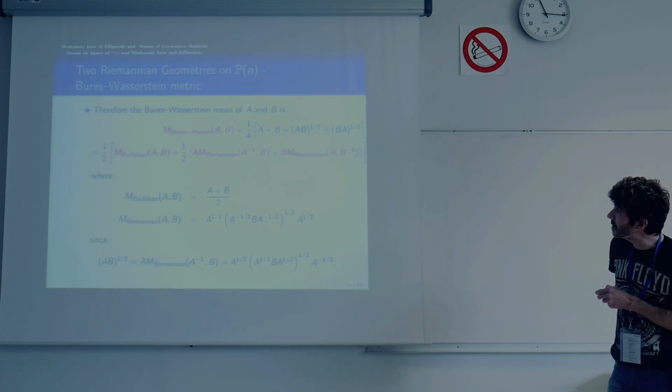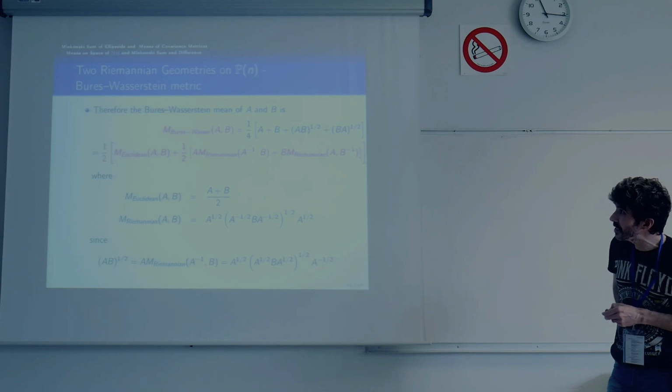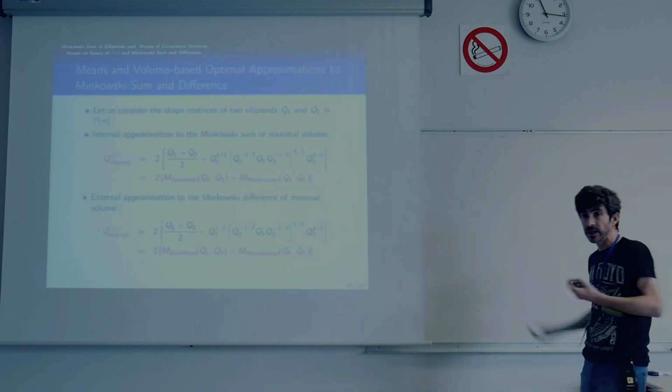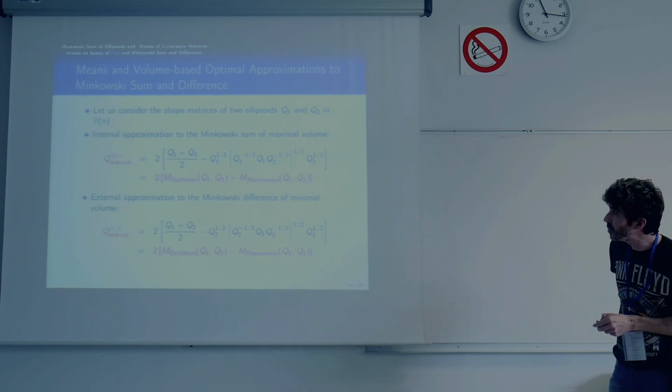And this term which appears here can be seen like a deformation of the Riemannian one, because it's not symmetric, a kind of deformation of the Riemannian one I showed you before. So in a certain way, the mean in this geometry is a kind of mean between these two things, which is a bit complicated in the Riemannian part.